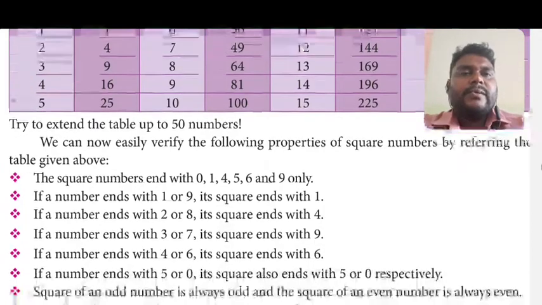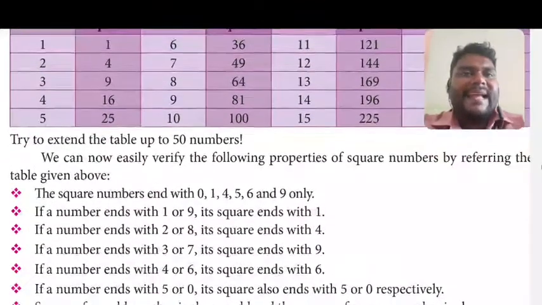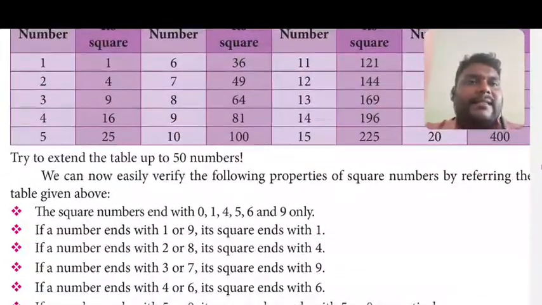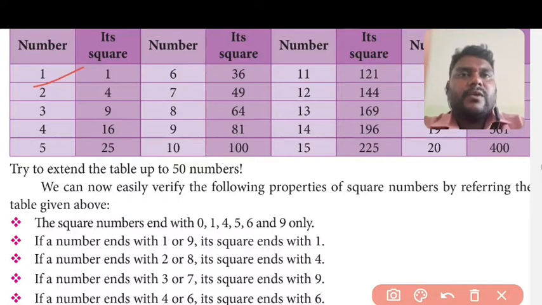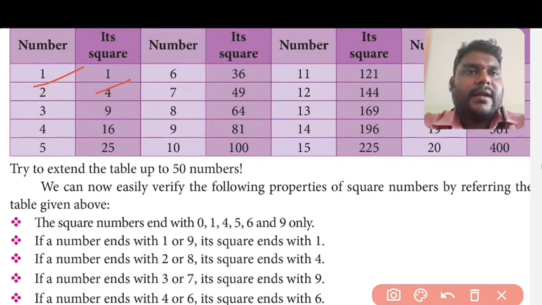Specifically, if the number ends with 1 or 9, it is a square number ending with 1. For example, 1 square is 1, and 9 square is 81.